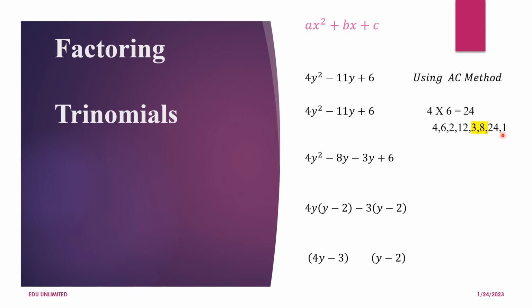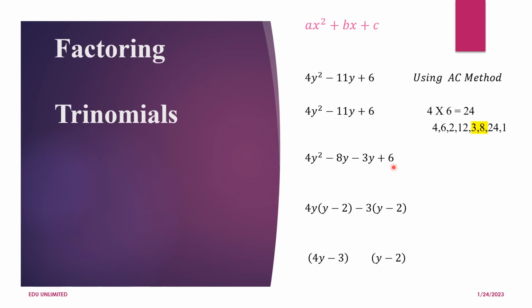But which two factors of 24, when we add, will give us the middle term of minus 11? So those two factors would be 3 and 8, so that minus 8 minus 3 would give us an answer of negative 11. And so we write 4y squared minus 8y minus 3y plus 6.